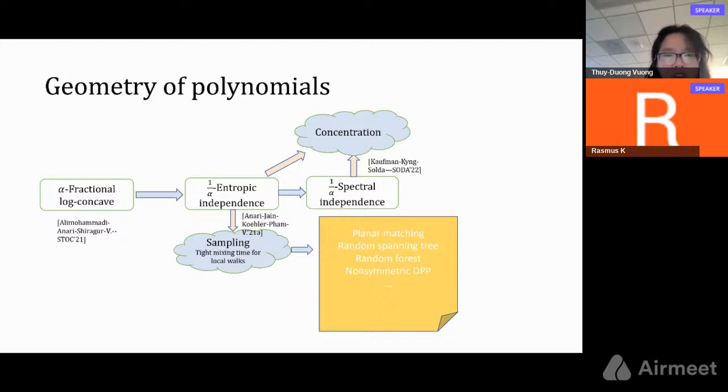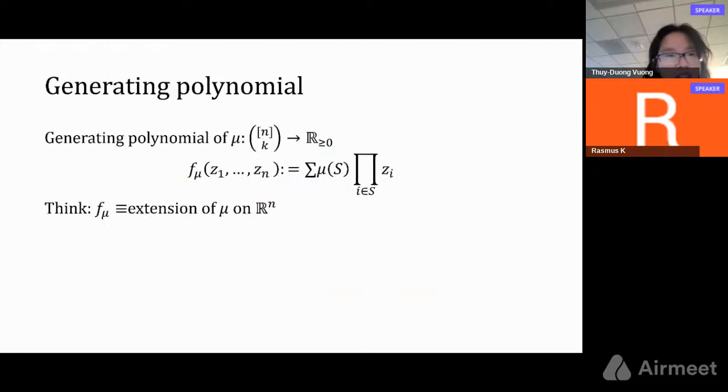But there's an alternative route that goes from the weaker notion of spectral independence to concentration. Actually, this needs something slightly stronger than spectral independence, and this is a work by Rasmus, Kaufman and Soda, and this will be in SODA this year. I just mention it here because it's another way to establish concentration.